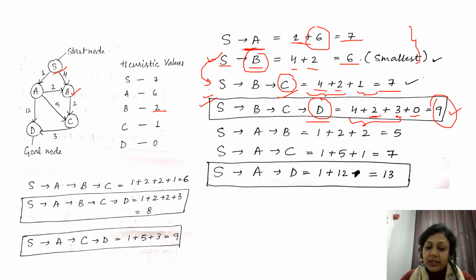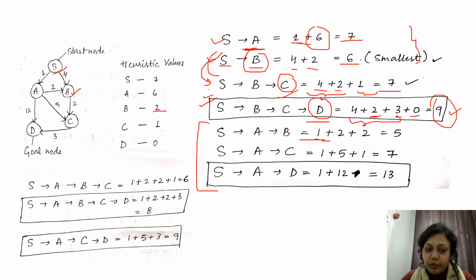Now let's consider the other path. Now we will consider S to A, A to B, S to A, A to C and S to A, A to D. Earlier we were exploring the path S to B. Now we will be exploring the path S to A. S to A is going to B, S to A is going to C, S to A is going to D. First we see that S to A is taking 1 path value, that is the actual path which is given in the graph.